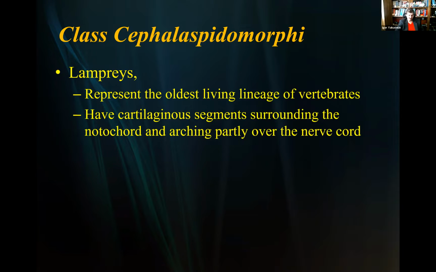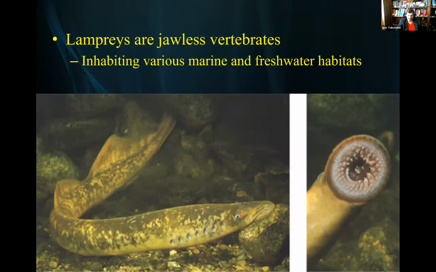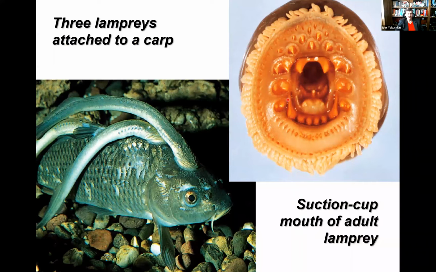So here we're looking at the lamprey, and as you can see, it already has an eye, all of those gill slits, and this is the mouth, the sucking part, with tons of teeth, very sharp. And what it does is basically finding the prey, cutting with the teeth through the skin, and then feeding off the blood.